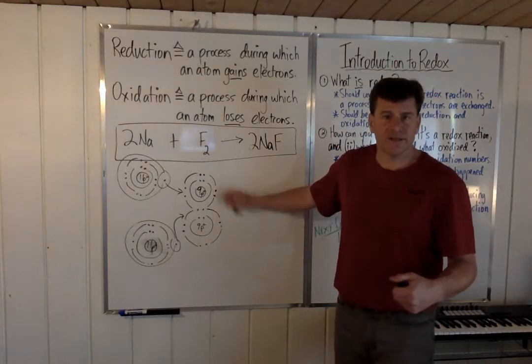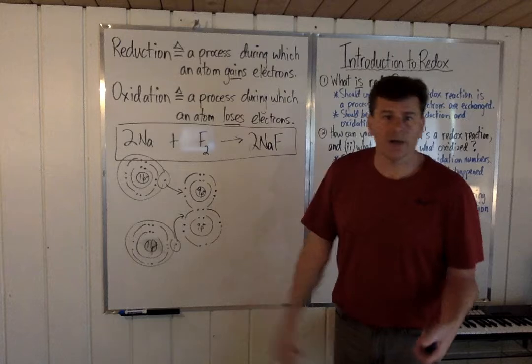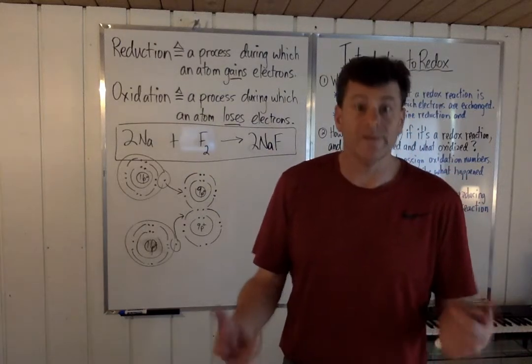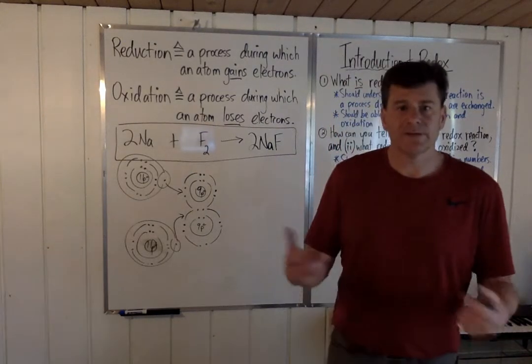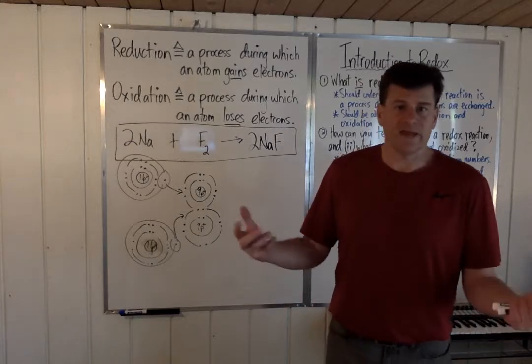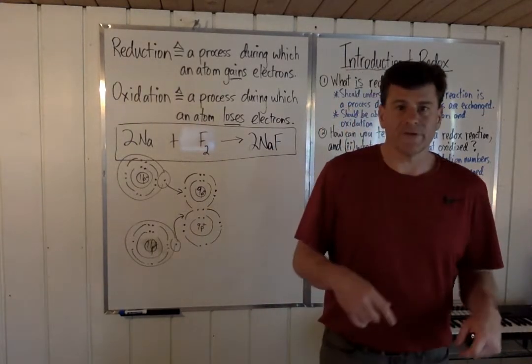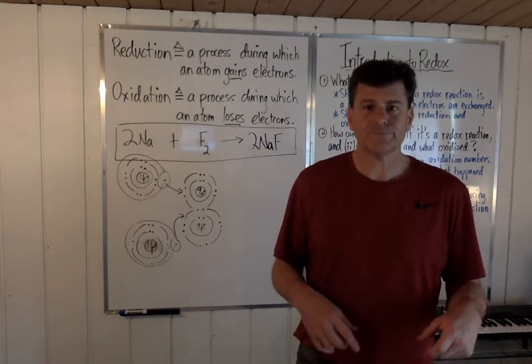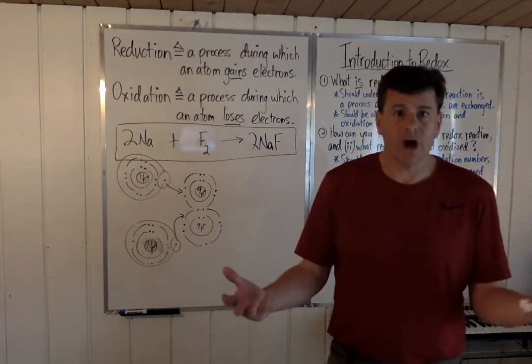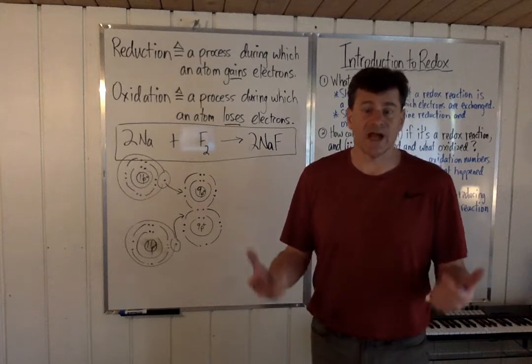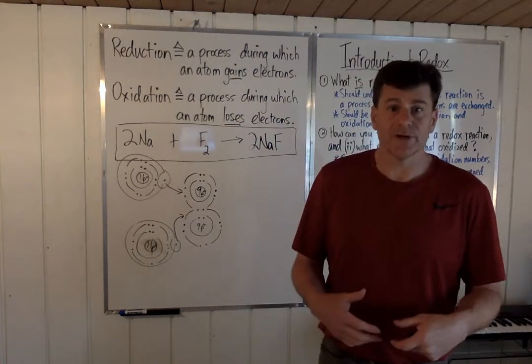Each of those fluorines that used to be in a covalent bond, they've now both picked up an electron, they've both reduced, and so they became F negative 1. The F negative 1s attached to the Na plus 1s, and they form two perfect little NaFs. And so the formation of ionic compounds from the elements, a synthesis reaction, is an example of a redox reaction.